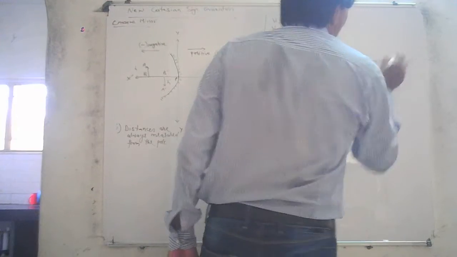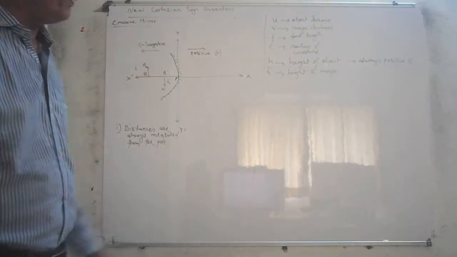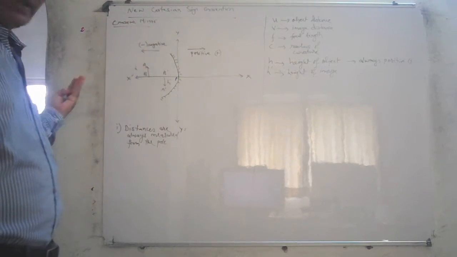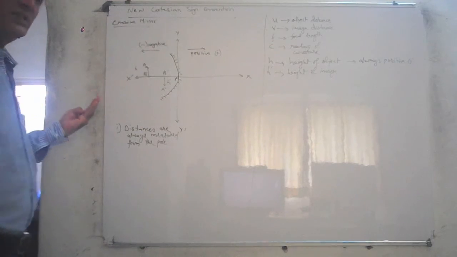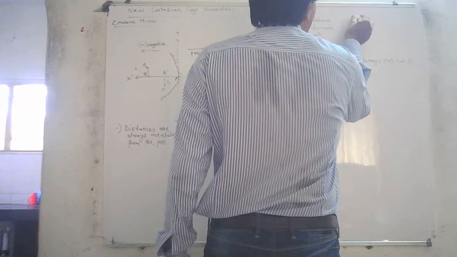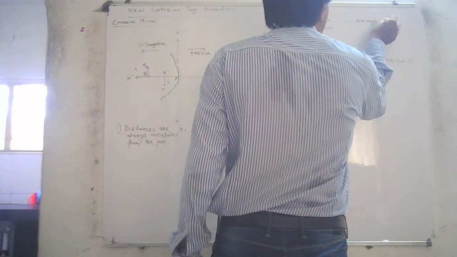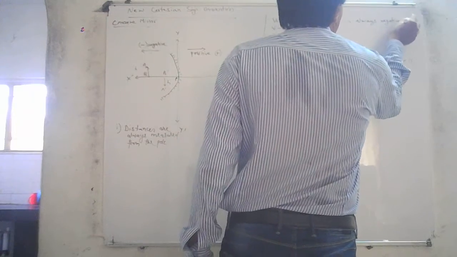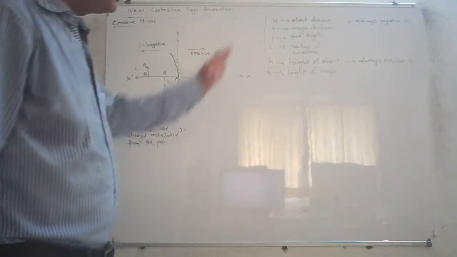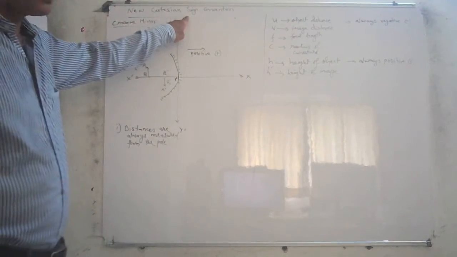Then object is always placed in front of the mirror, therefore object distance will always be negative. Minus sign. These are the Cartesian signs, meaning plus sign and minus sign.